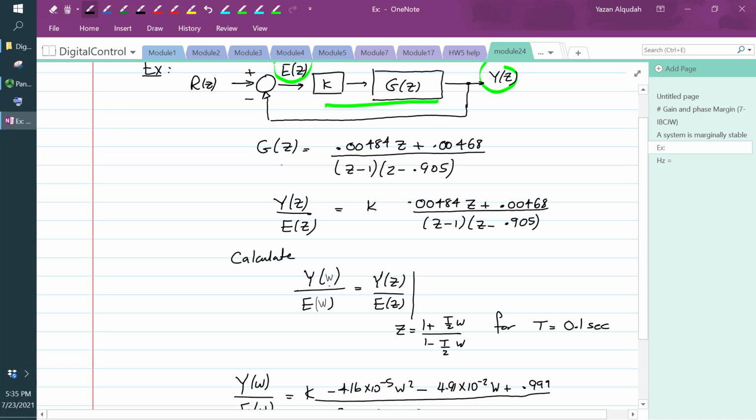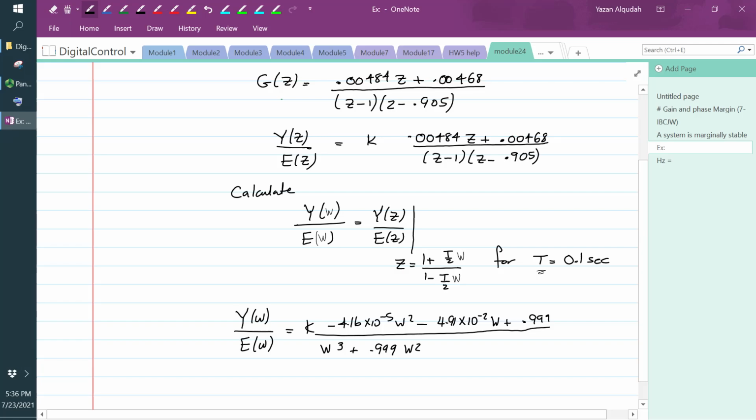So I have Y of z over E of z. I'm going to take z and replace it with (1 plus T over 2 w) divided by (1 minus T over 2 w). And we are given T is equal to 0.1 seconds.